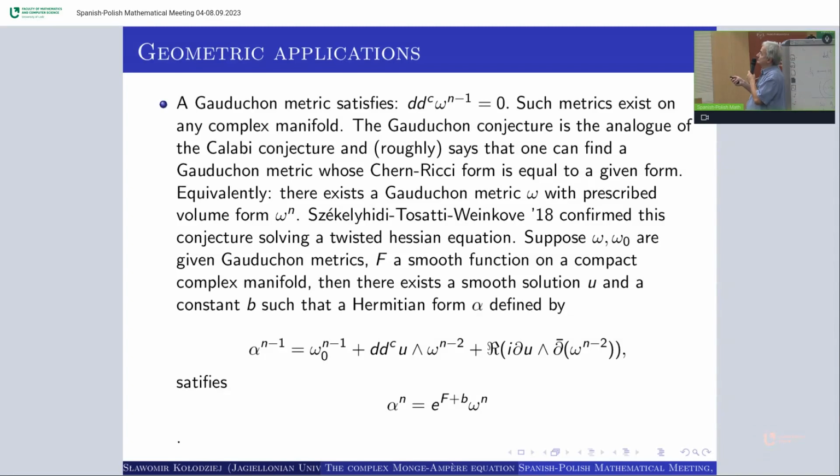P is not given, b is some constant. So you look also for the constant. And this alpha to n-1 is given by this rather complicated expression with the function u, which is unknown. So we first find u satisfying the equation, and then this alpha n satisfies this.